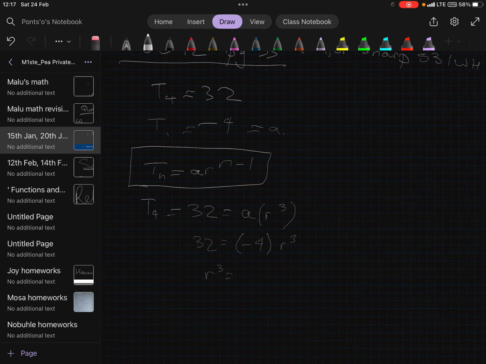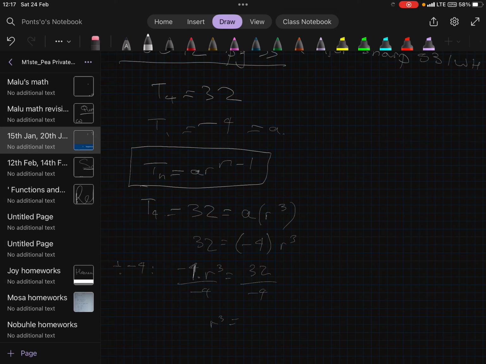If we divide both sides by -4, r cubed will equal 32 divided by -4.